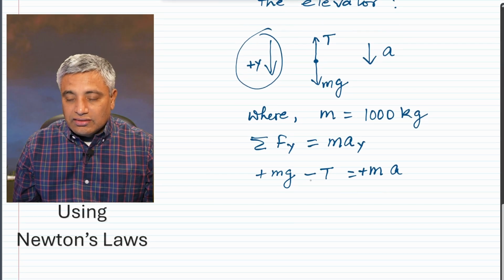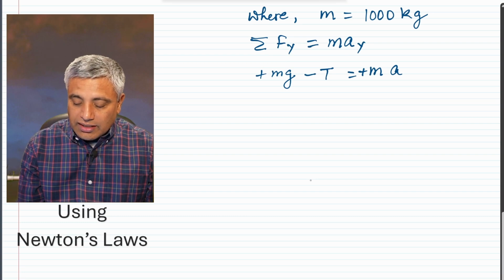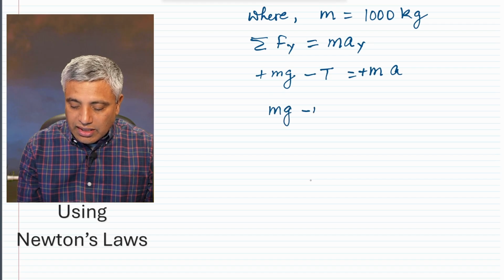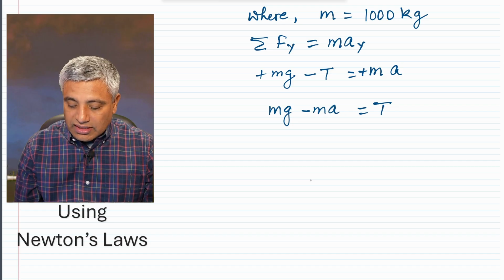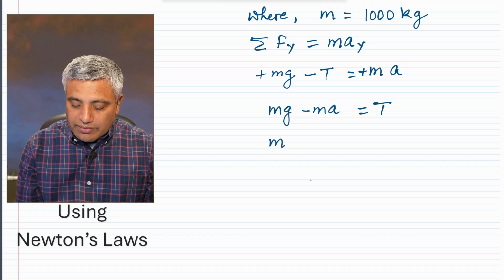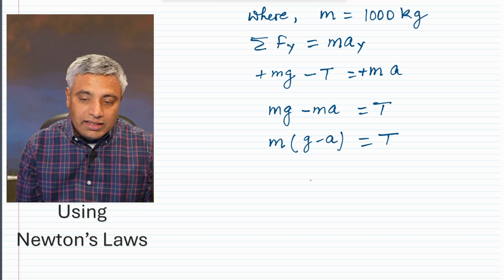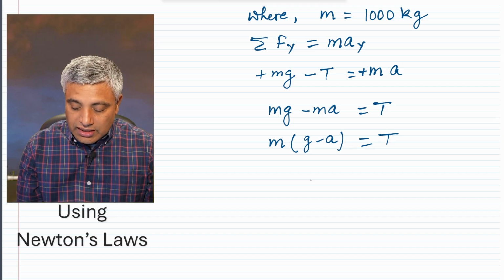Okay, so now it's just a matter of plugging in numbers to find the tension. So I can bring the ma on this side, and that's going to be tension. I can factor mass out and write it like that, or I can just start plugging in numbers right there. If I do it here, I have to plug in mass in 2 places. If I factor this out, just 1 place, and that seems neater.